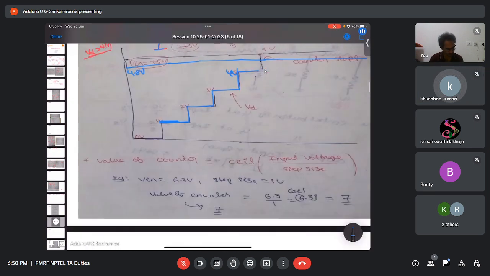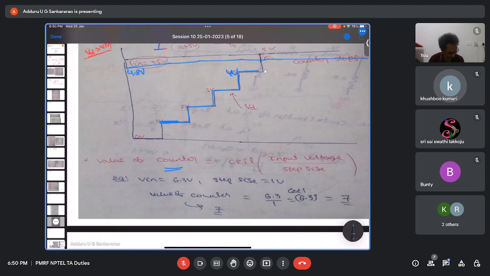So what is the value of the counter here? It is the input voltage divided by step size, and you have to take the ceiling value. I have taken 4.8, right? Input voltage is 4.8 volts, step size 1 volt, ceiling you have to take. So this is 4.8, ceiling is how much? 5, integer value.